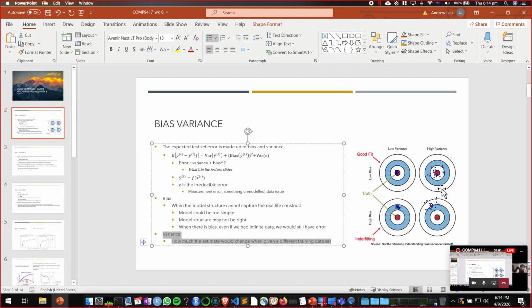You can see here as well, you can think of each of these maybe as a different model with its own specific data set. Say this is data set 1, this is data set 2, data set 3, data set 4. Your high variance estimators, the estimate is going to change quite a bit depending on your training data.